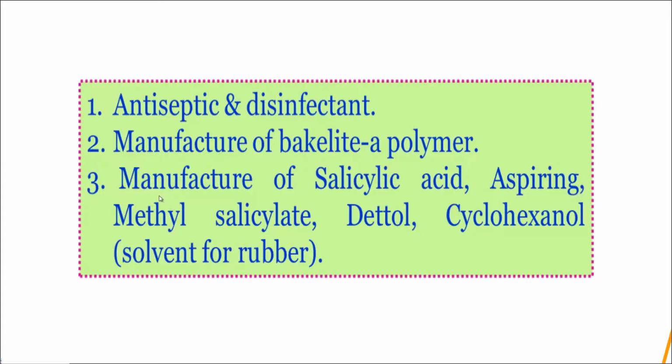Then, it is also used in the manufacture of salicylic acid, aspirin, which is a very good analgesic and antipyretic, and it is used in the production of methyl salicylate, Dettol, cyclohexanol, and so on. Cyclohexanol is used as a solvent for rubber. These are a few important uses of phenol.